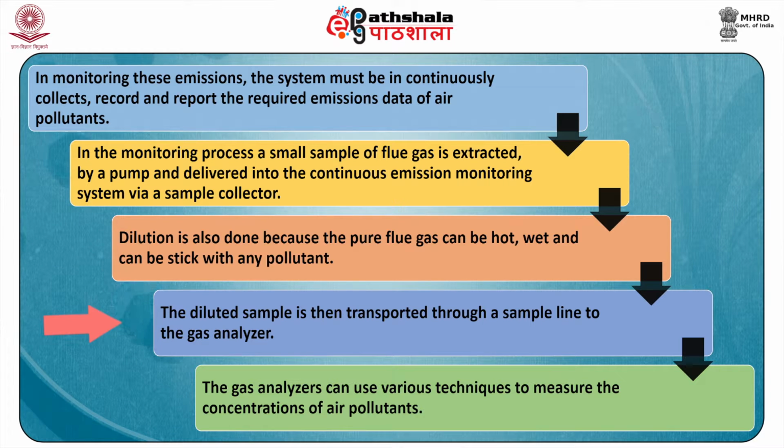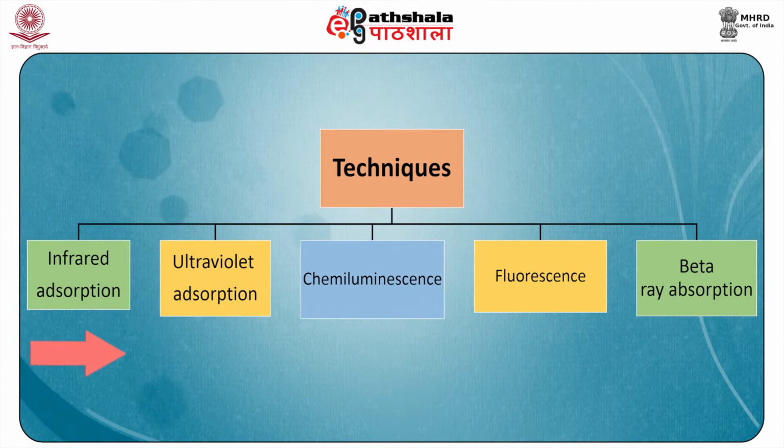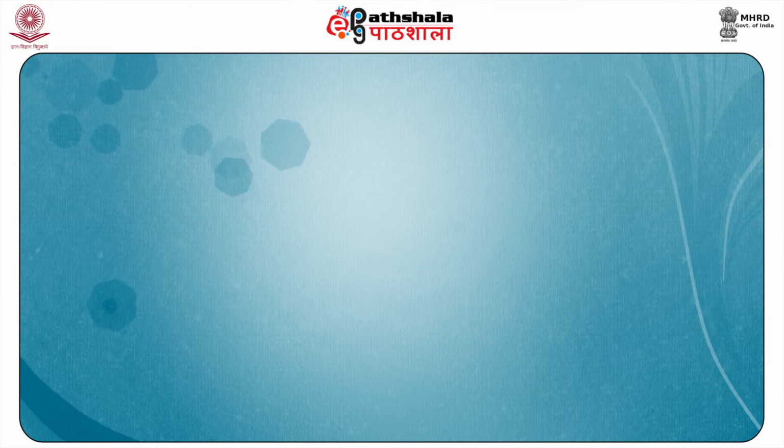The diluted sample is then transported through a sample line to the gas analyzer. The gas analyzers can use various techniques to measure the concentrations of air pollutants. The techniques include infrared and ultraviolet absorption, chemiluminescence, fluorescence, and beta ray absorption.